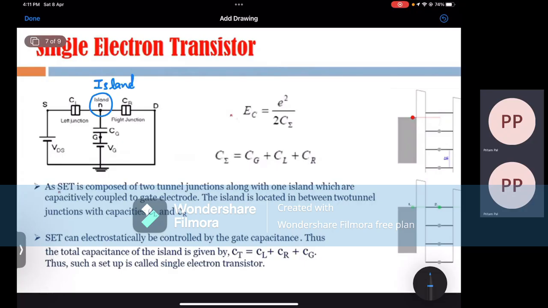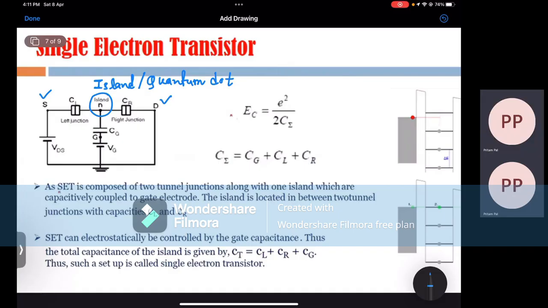I'm re-mentioning this again, or you can say quantum dot, you can also call it that. So this is your quantum dot. And this is the source side and this is the drain side.